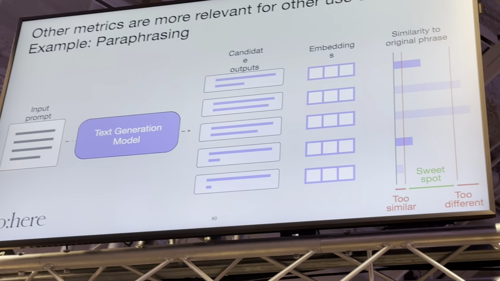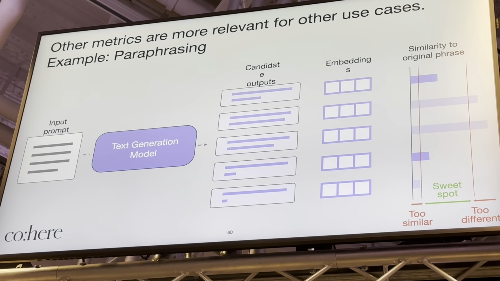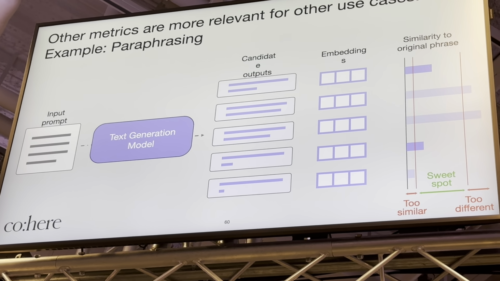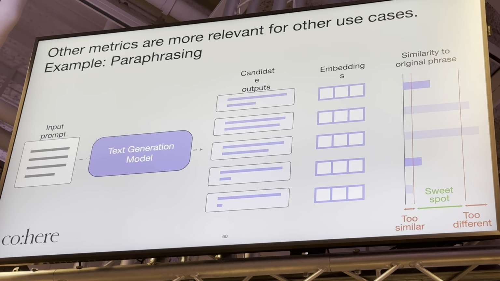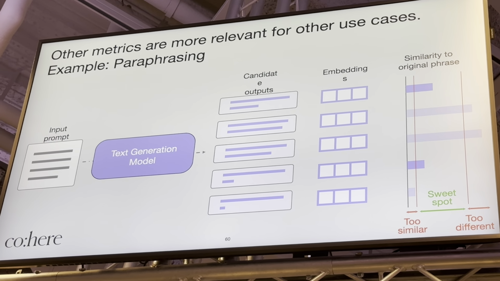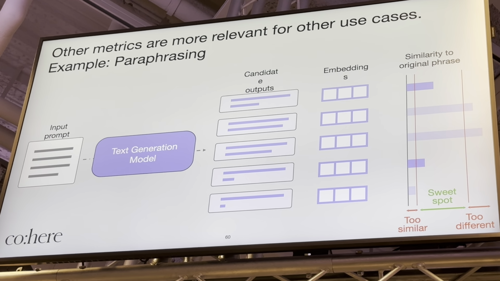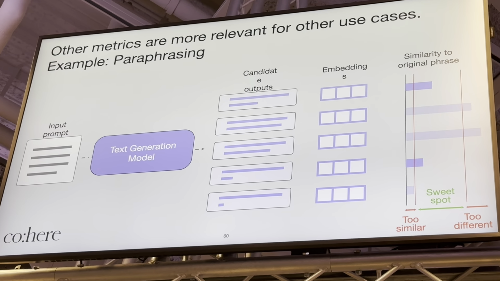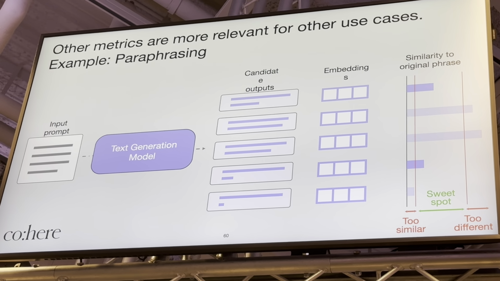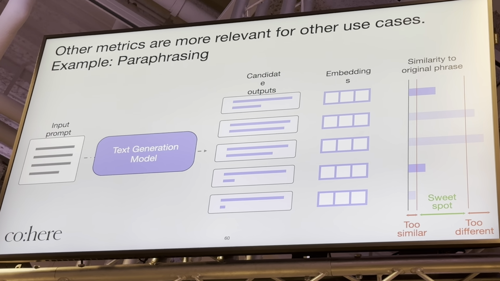There are other metrics out there for finding the best output for you. You can use the embeddings of your outputs and try to find the similarity of that with the question and go even further into that. I don't want to go very deep into that, but it's one of those ways where you can actually find out what you want.